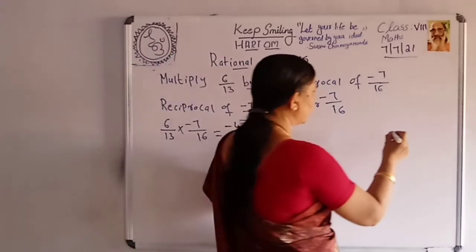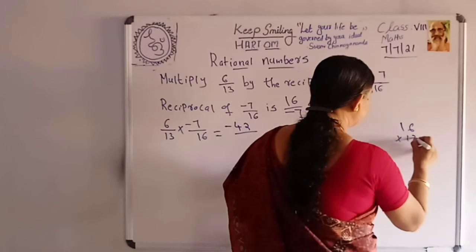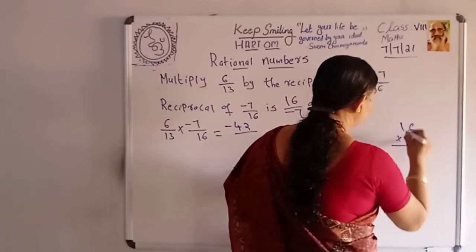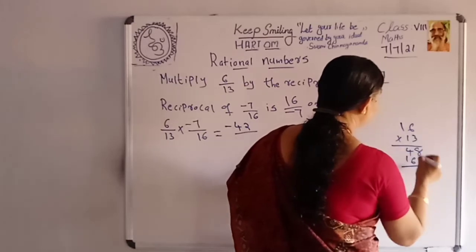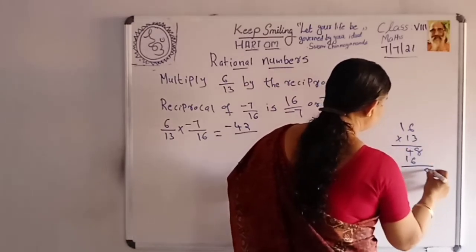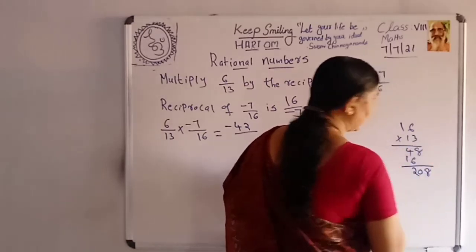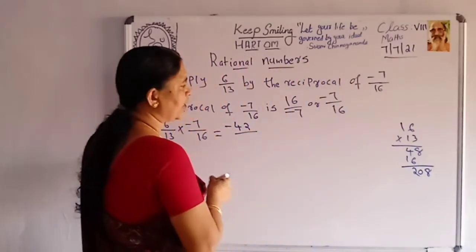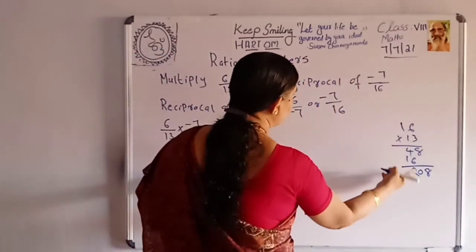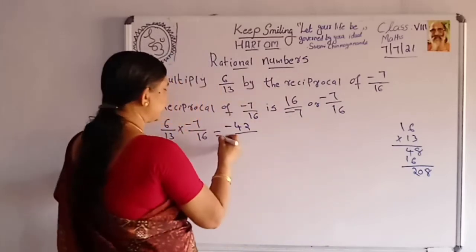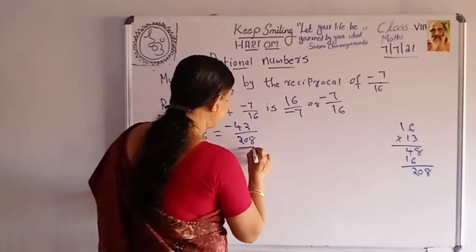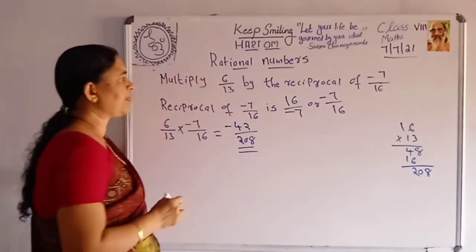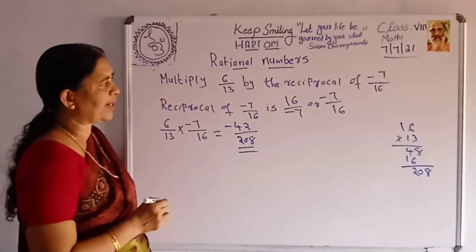What is 16 into 13? 208. Therefore it is equal to minus 42 by 208.